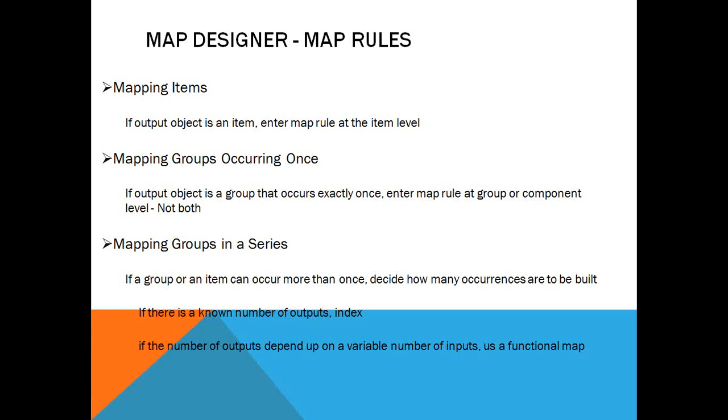So one use of the functional map is if both input group and output group are different, you have to write the functional map even though it's a single occurrence. Suppose your item or group is occurring multiple times and you don't know how many times it will occur, in that case also you have to write the functional map.